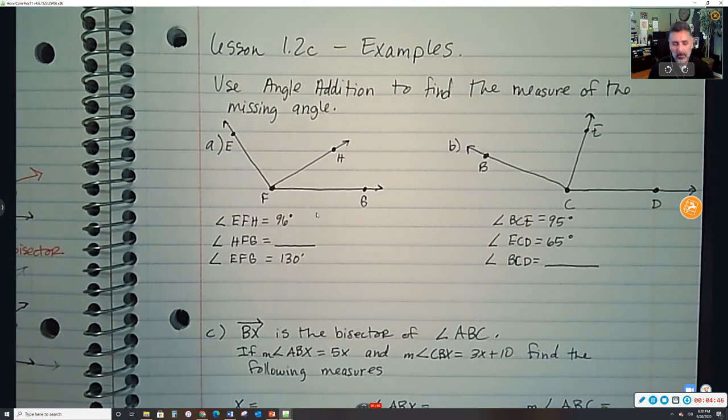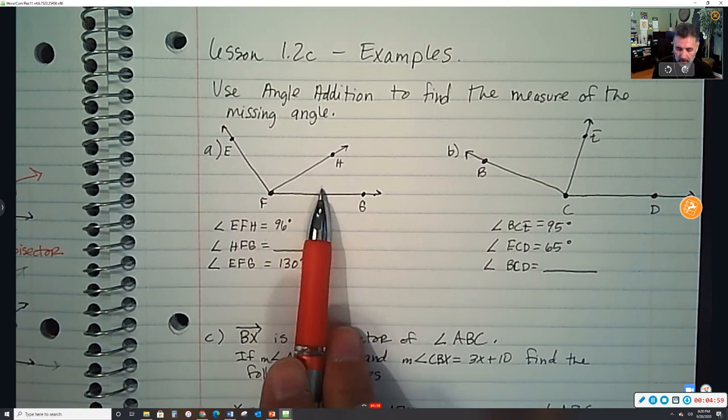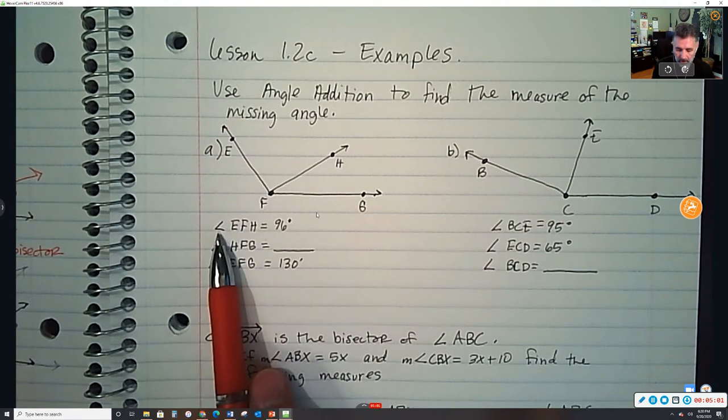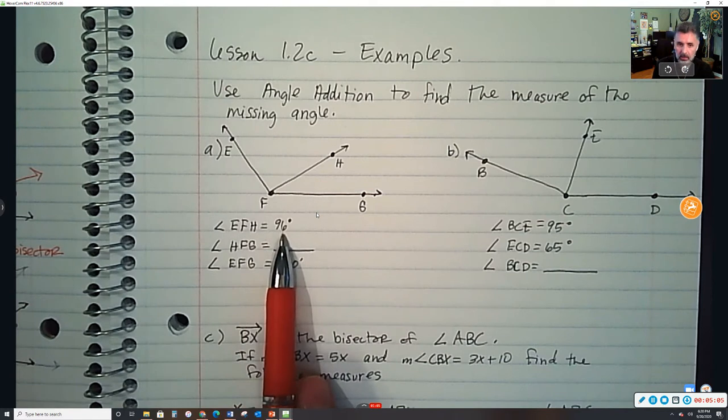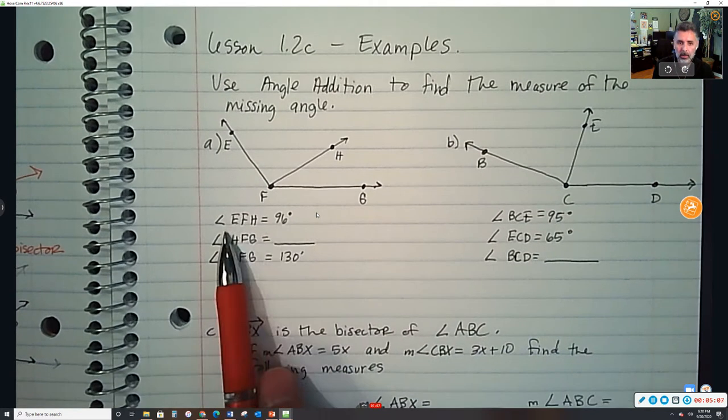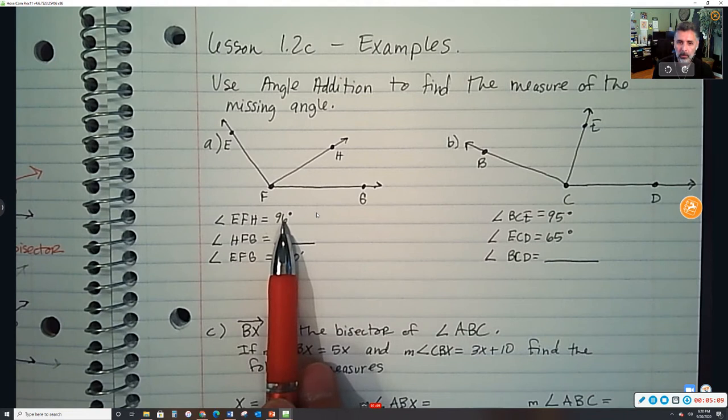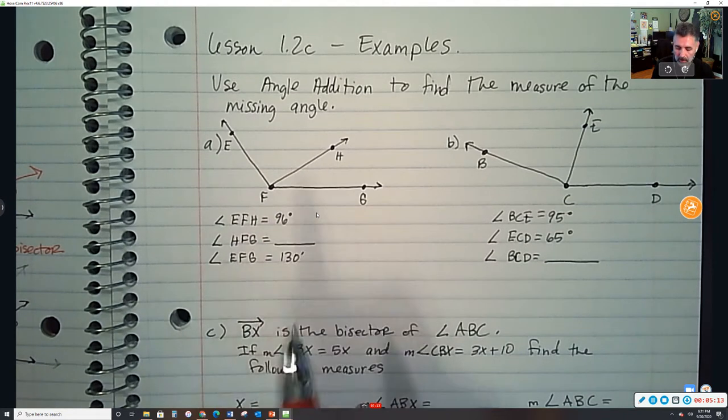Okay, there it goes. So then for these examples, it says, use the angle addition to find the measure of the missing angles. Okay. So here we have a diagram, and then they tell us angle EFH is equal to 96 degrees. And what I like to do is I like to put what this measure equals inside the angle, so I know which angle it's talking about.